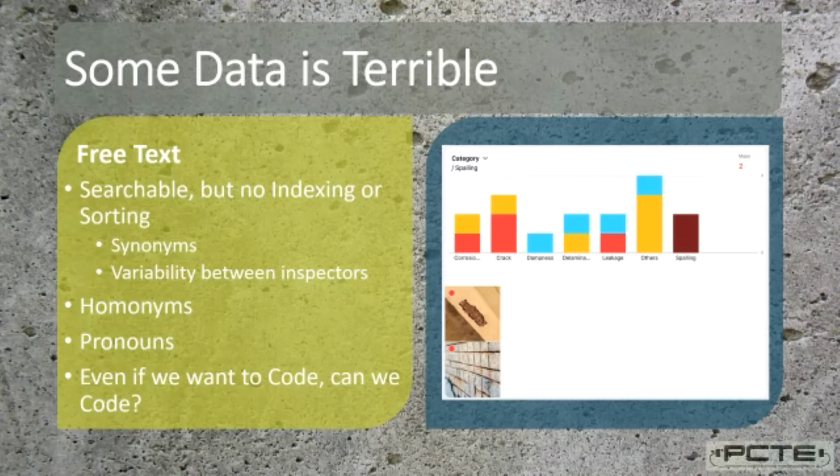We leave out the descriptor of it being a crack width. They might not describe what elements it's on. So by making too much use of free text, and in particular, not having structured multiple choice or single choice selection options, you end up with data that can only be searched, can't be indexed, can't be sorted, can't be broken down by components.